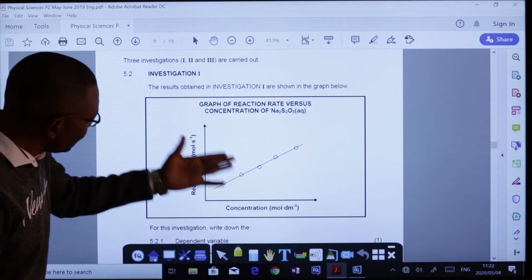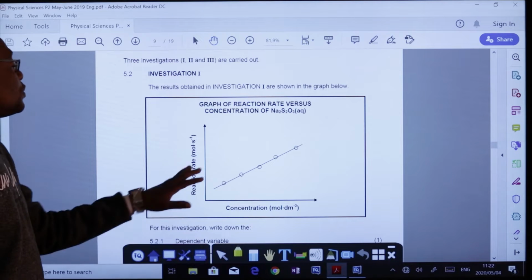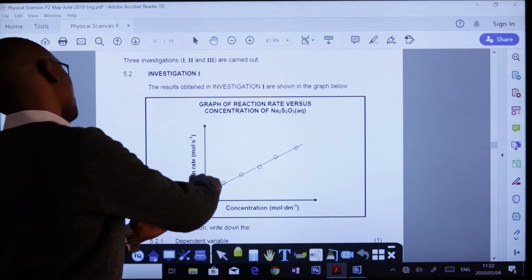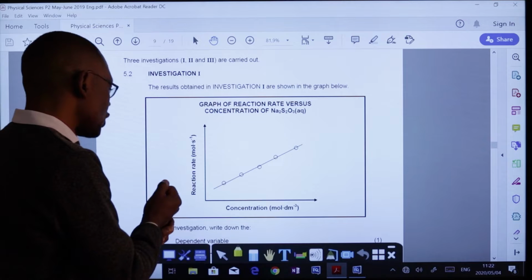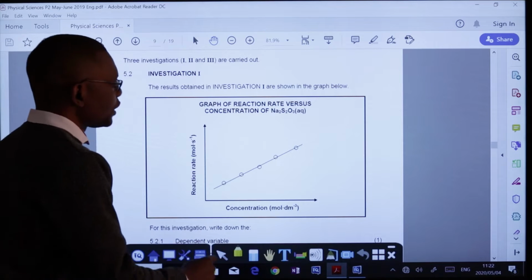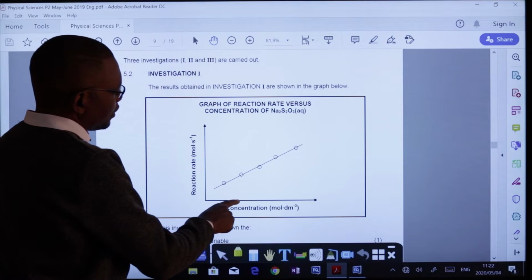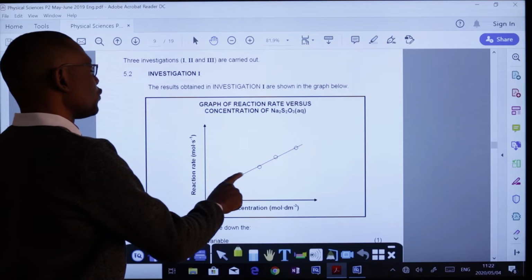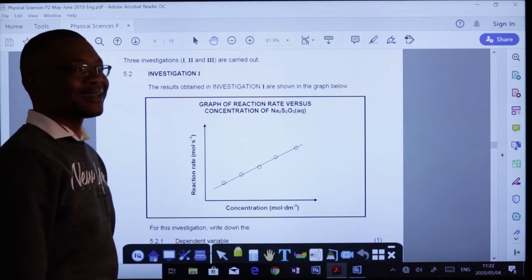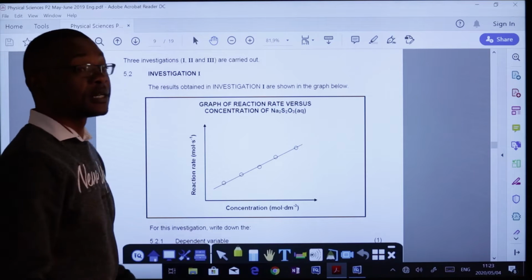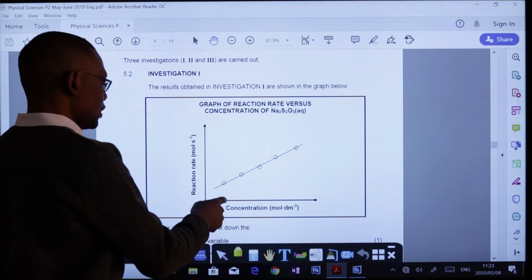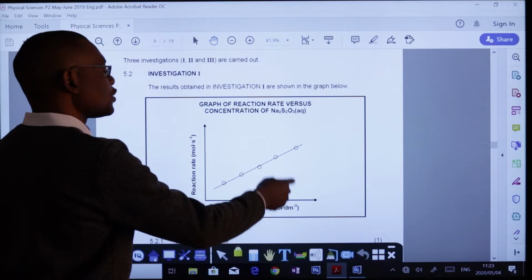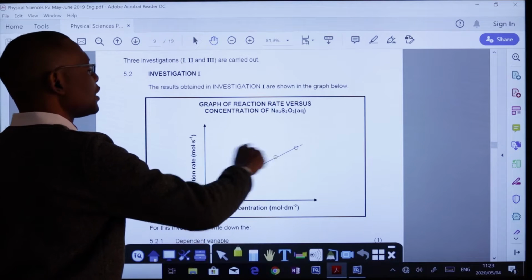If we study this data which has been presented graphically, you can see that as the concentration increases, the rate of reaction is directly proportionally increasing also, because when we had a lower concentration, the rate was very slow, but when we had the highest concentration, we also had the highest rate of reaction.